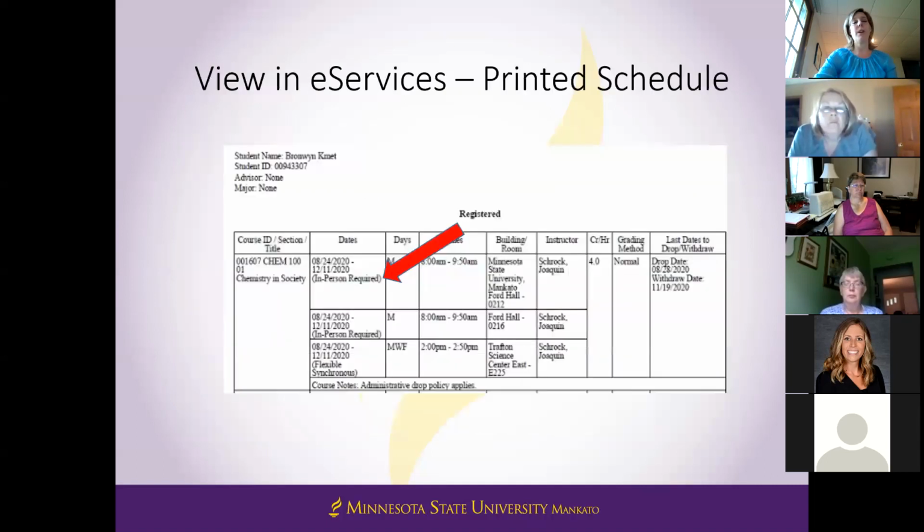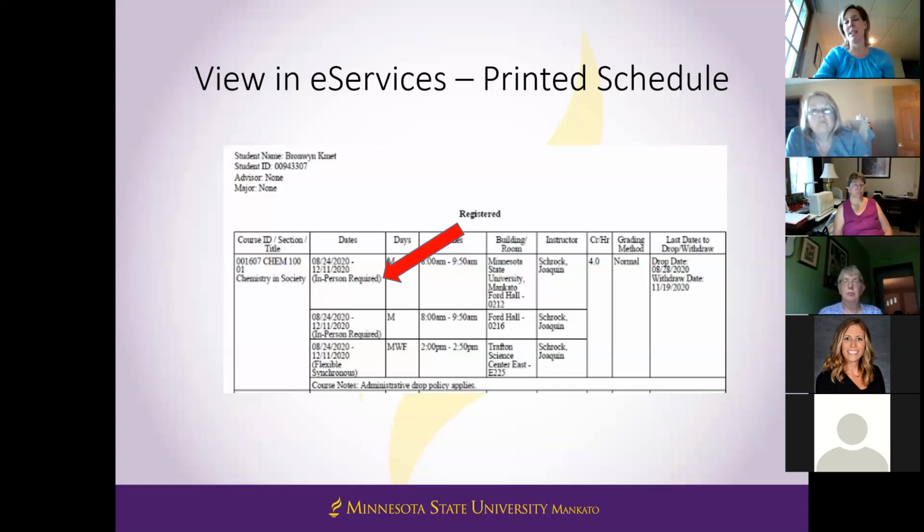As they move forward, once they've registered for classes, they have the opportunity to print a PDF version of the schedule. We were able to change the PDF version in this way, where we will actually show the meeting type and list it, so there is no hover here, right?